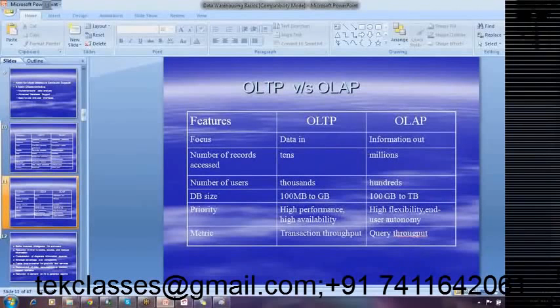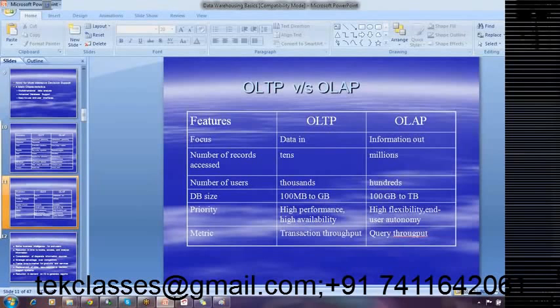In an OLTP application, information will be pouring into the system, whereas the OLAP system will give you information about your business. That's why the information comes out from your OLAP system, right?